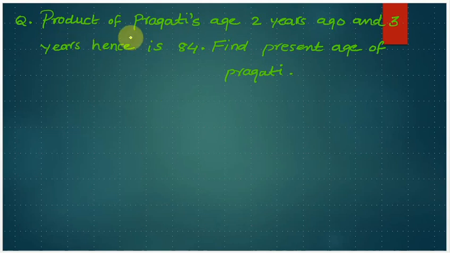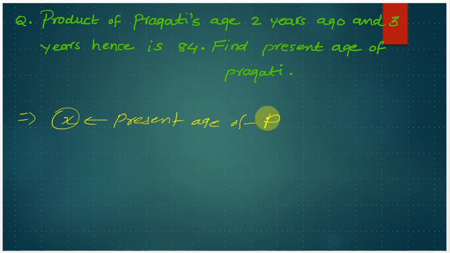Let us consider Pragati's present age to be x. We know that the product of her age 2 years ago and 3 years hence is 84. So 3 years hence means x plus 3, and 2 years ago means x minus 2.